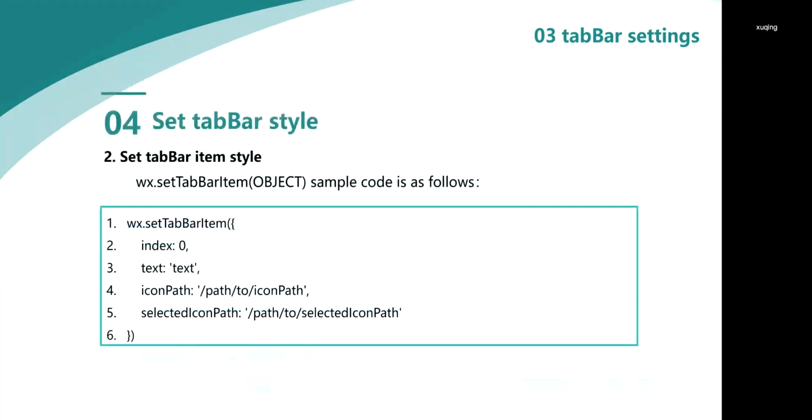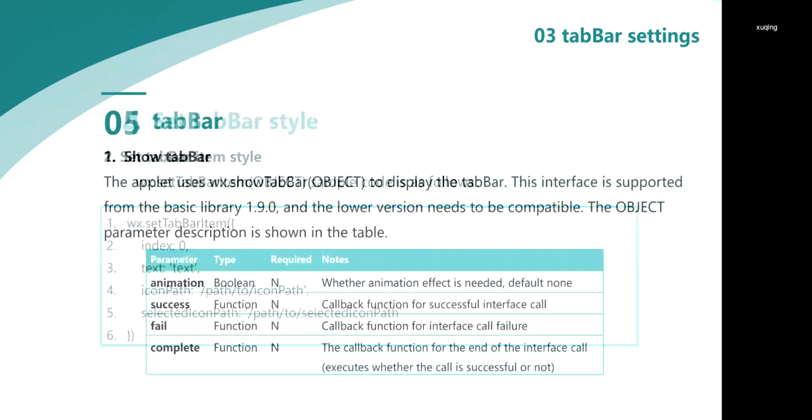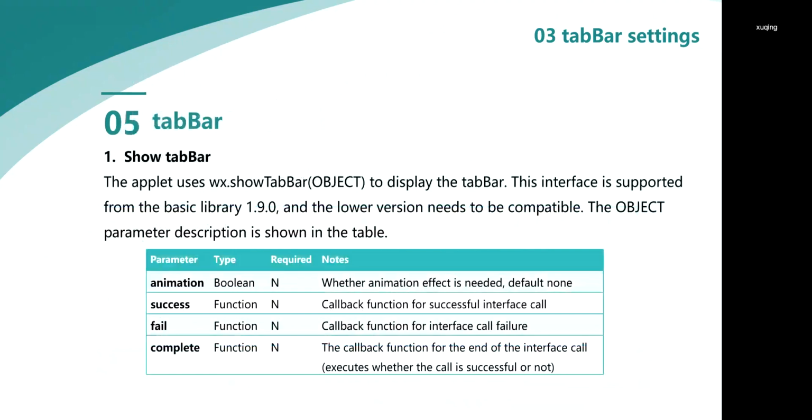And we have sample code for this set Tabbar item. Yeah, you see Weixin set Tabbar item with index, text, icon path, and selected icon path.